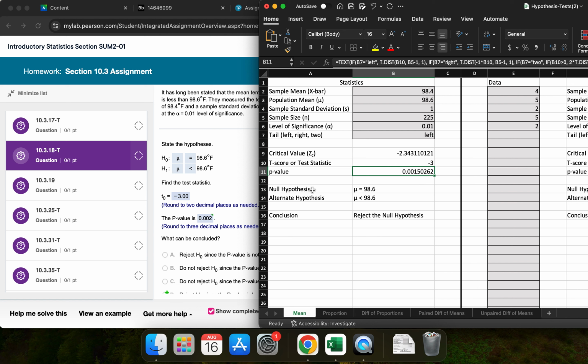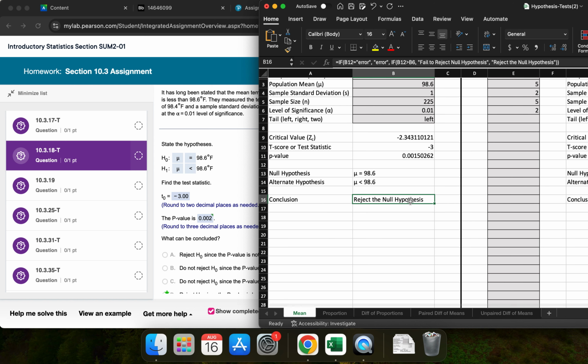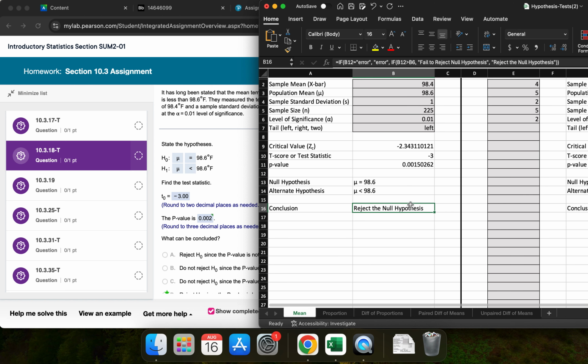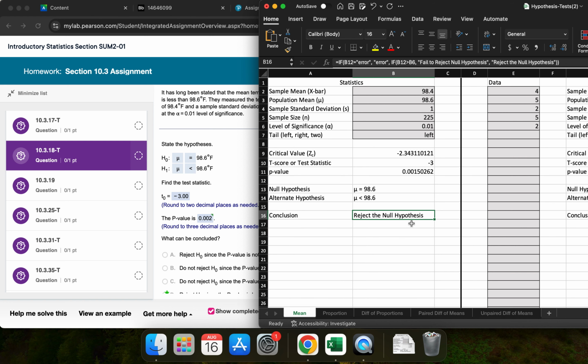It also lists out the null and the alternate hypothesis for you. And then the real simple conclusion, or I guess the first conclusion, is that we would reject the null hypothesis because of the comparison of the p-value with the level of significance.